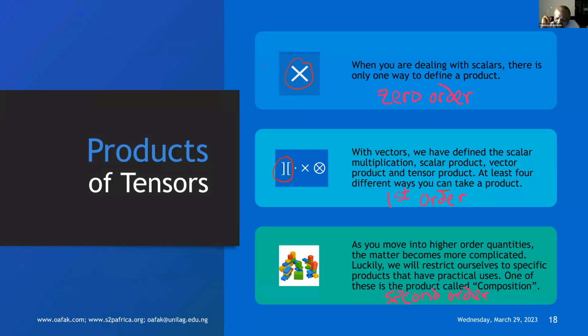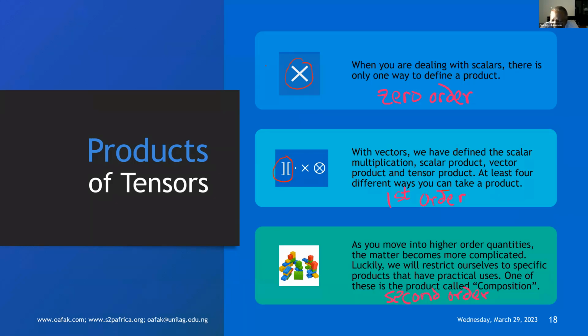But right now, we are going to deal with only just one product. We are going to come to those other products later. But just don't forget that products are not well defined when you go to higher orders. So this product we are going to deal with, we call it composition. The composition is a product, but it is a specific product.